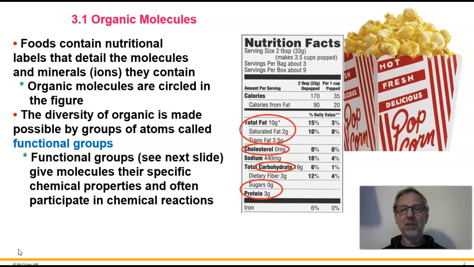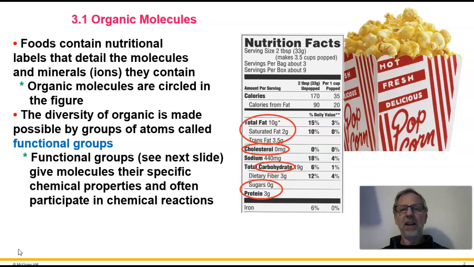The information for these molecules is required to be shared with consumers like you and me. So you can see fat is on there, and different kinds of fat, saturated fat, trans fat. We'll go over those. Cholesterol is listed on there. These are listed because these impact our health. That's why it's required for companies to tell us what's in these food products.